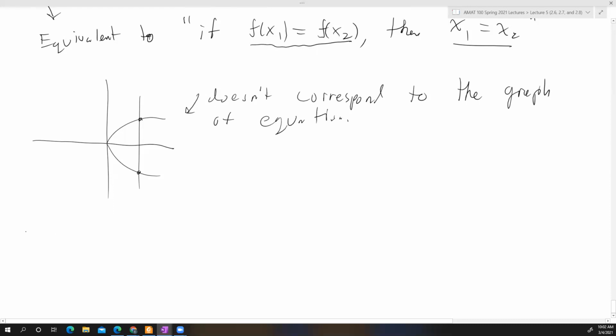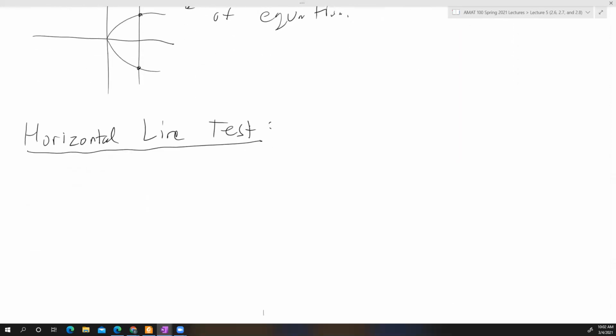So now we're going to look at a similar test called the horizontal line test. And this is a quick, easy consequence of the definition of injectivity. It's going to tell us another condition to determine injectivity. So with this more algebraic definition of injectivity, now we have this geometric interpretation.